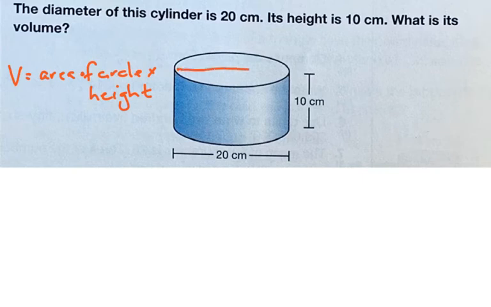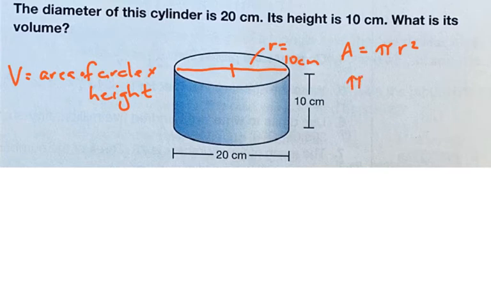We know that all the way across it's 20, but the area of a circle formula is pi times r squared, radius, right? But we can figure that out. The radius is just half of the diameter, so radius would equal 10 centimeters. So let's figure out the area of our circle first.